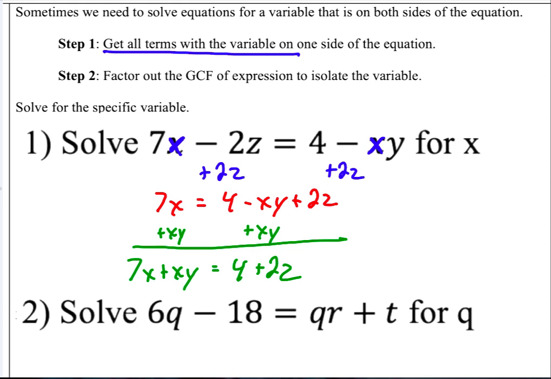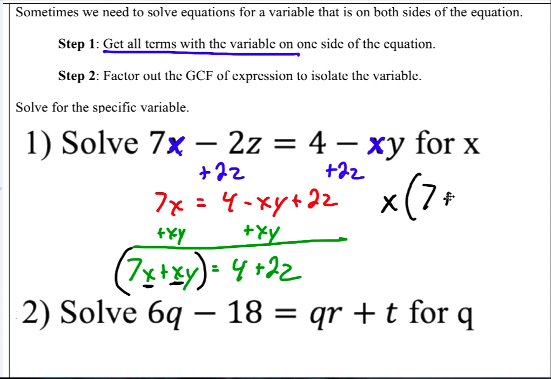Now, this is where it's going to get a little bit bigger, a little more complicated, so stick with me here. So right now I'm going to focus on this left-hand side, 7x plus xy. If you remember back to previous years, factoring is where both terms have the same factor. They both have the same number or same variable in them. So in this case, I can divide an x out of each of those terms, and I can pull that out front.